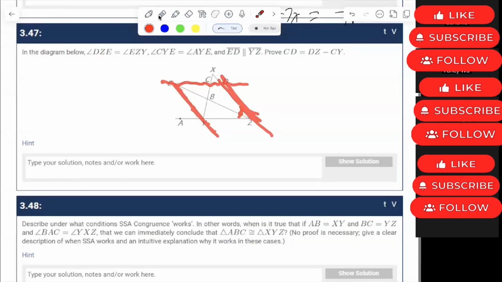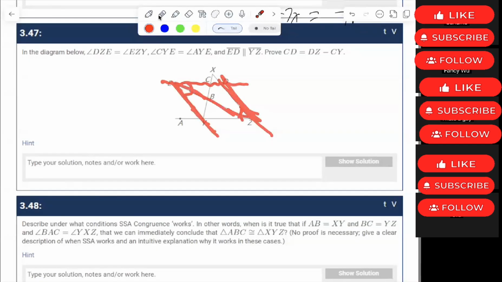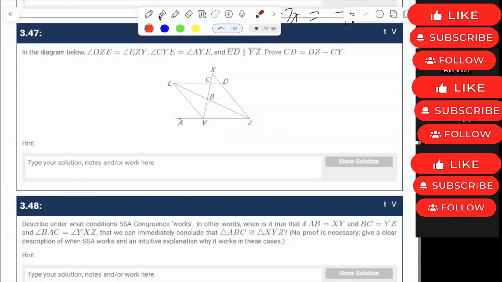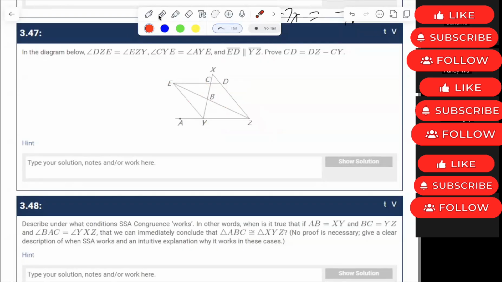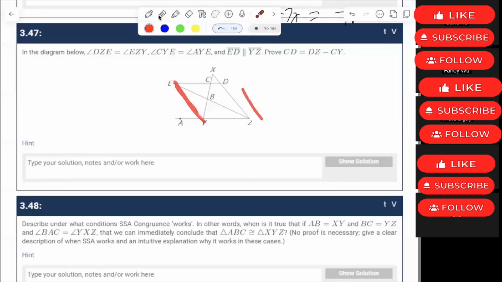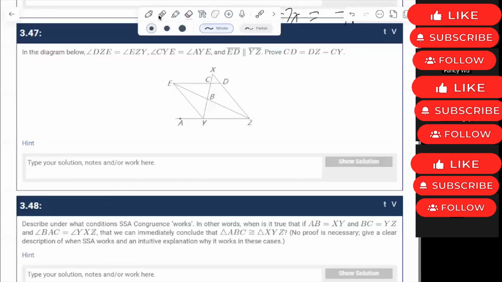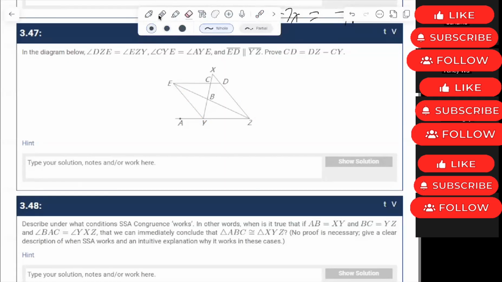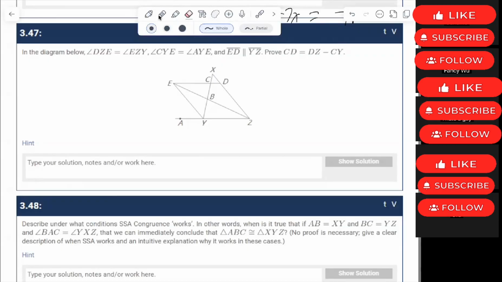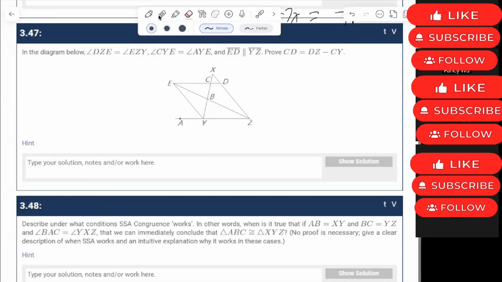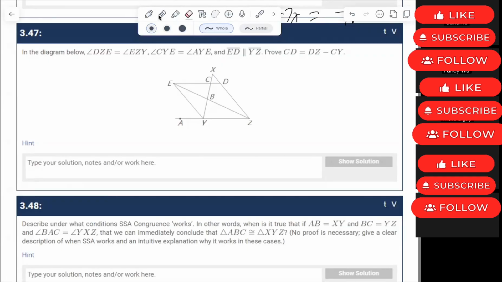So these angles are the same. So they bisect the same exact angle. This one's not parallel, but these basically bisect the same exact angle. It's easy to see that this angle is equal to this angle through transversals.